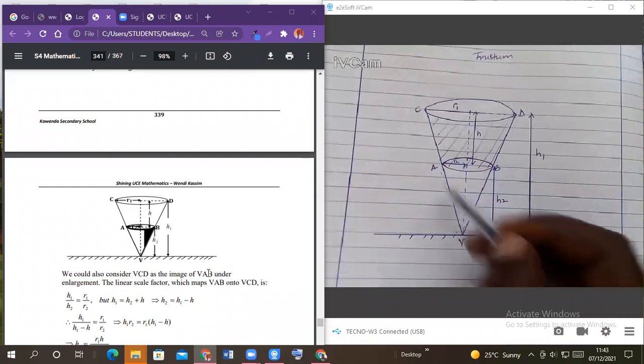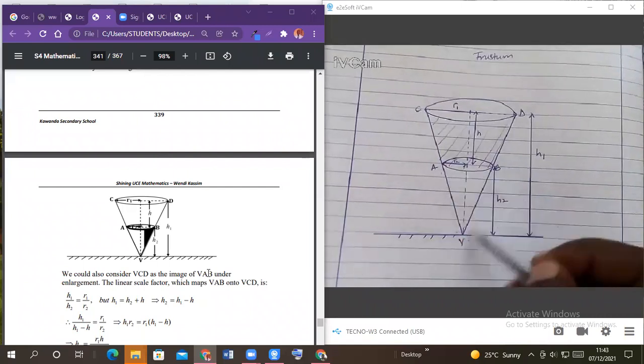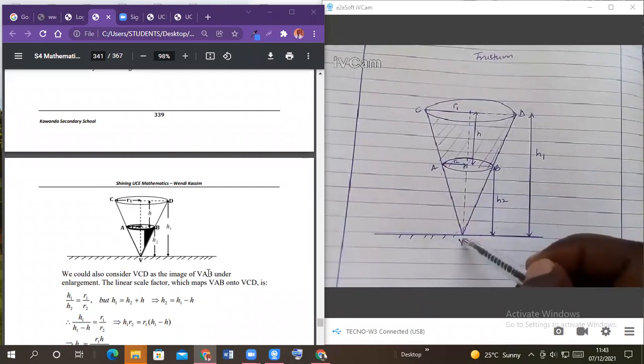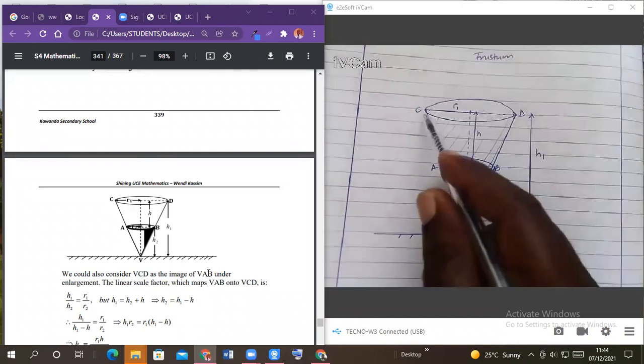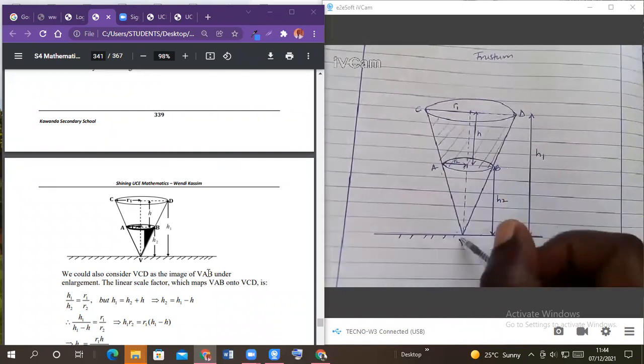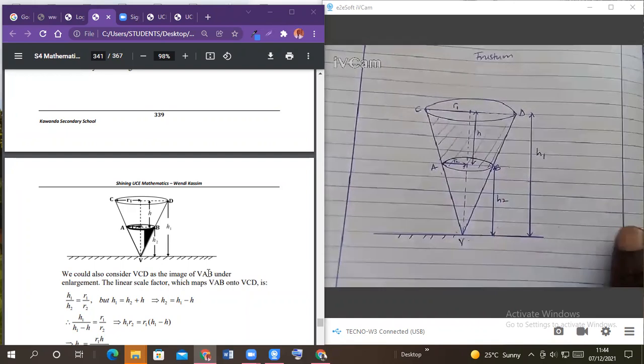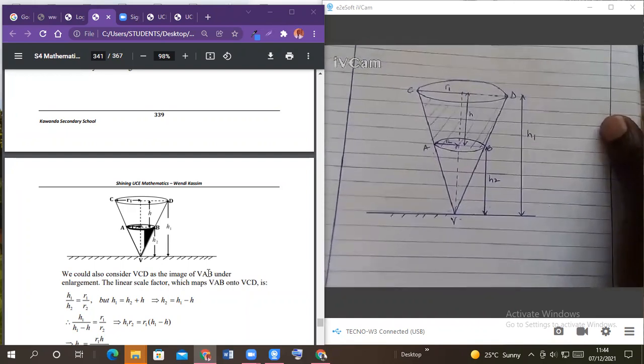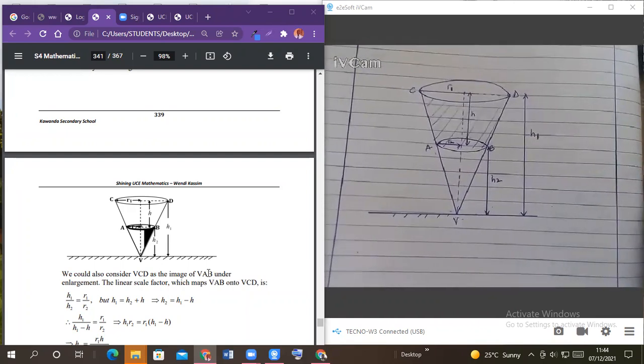The smaller cone was enlarged and became a bigger cone, VCD. Even in physics, magnification is the height of the image over the height of the object, or the size of the image over the size of the object.